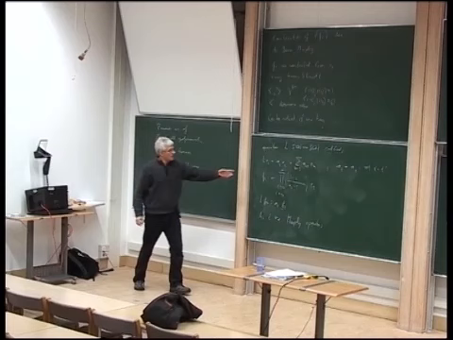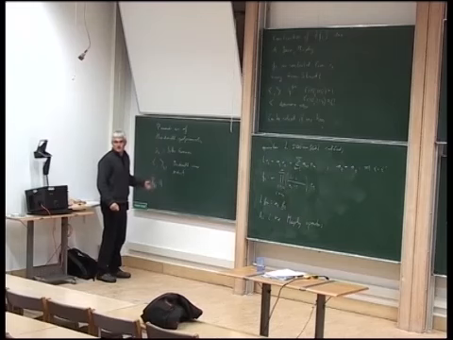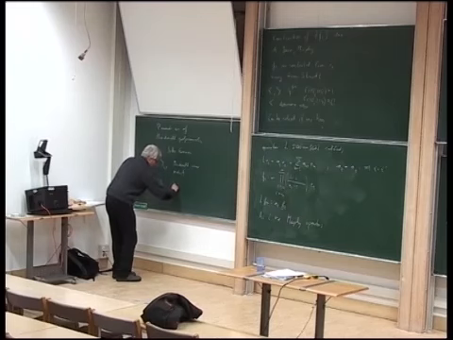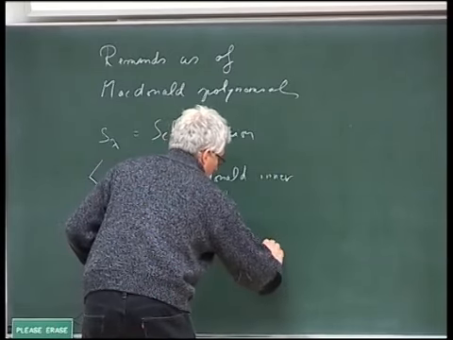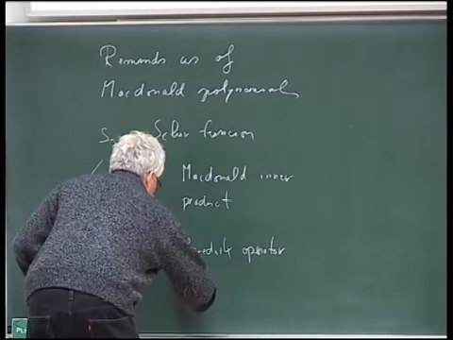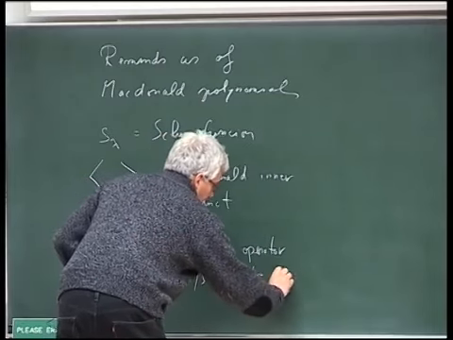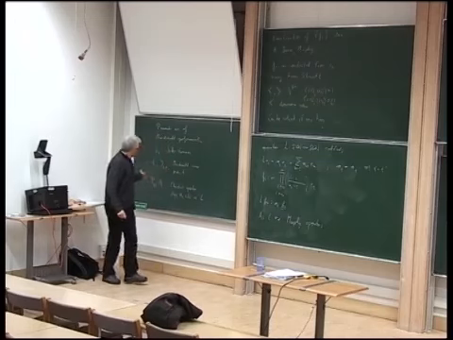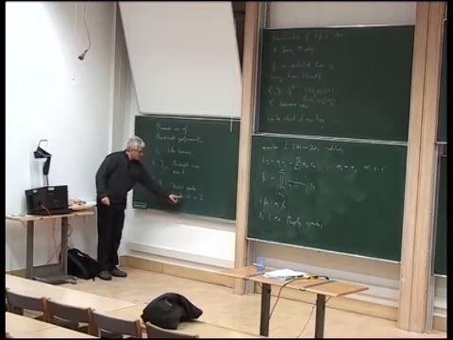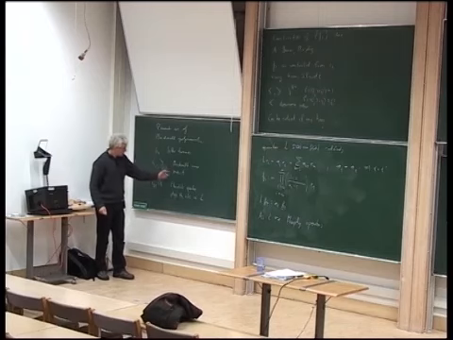And once again you need an operator, and the operator in this situation is going to be Cherednik's operator. So Cherednik's operator plays the role of L. So once you have the operator, as Cherednik did, you can calculate the norms of these elements.